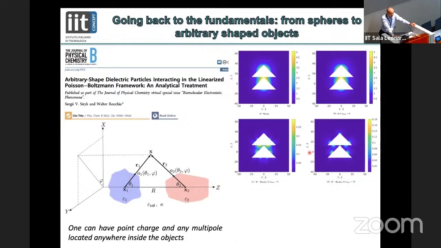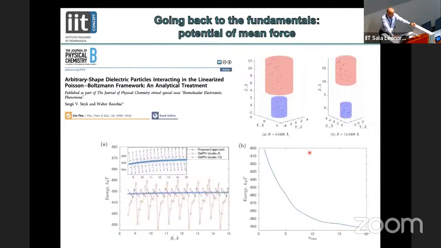And we compared our results with some specific geometric forms for which we can compare against Delphi, because the old Delphi had the possibility to have geometrical objects, so we could do this comparison, getting very good agreement.